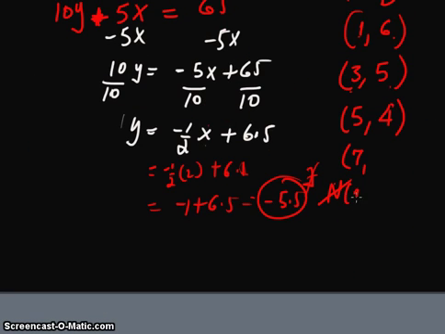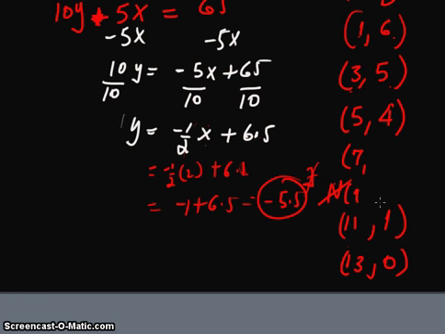Based on this, we can try 7, 9, 11 and 13. Let's try 13. 13 divided by 2 is 6.5, negative 6.5 plus 6.5 is 0. So I can use 13 nickels and 0 dimes. 11 is going to be 1 less than that, so negative 5.5 plus 6.5 gives me 1.